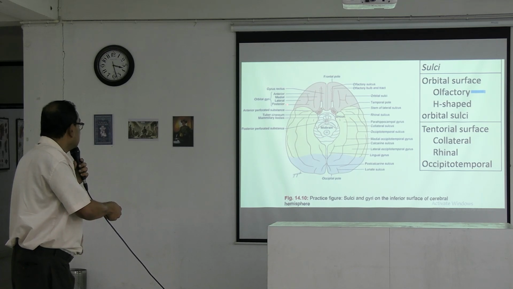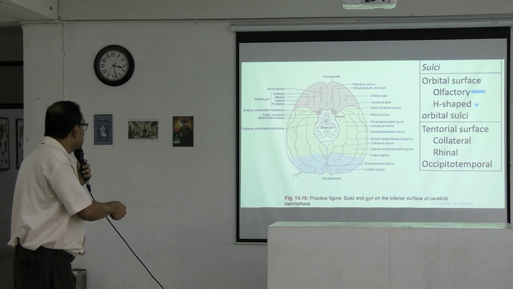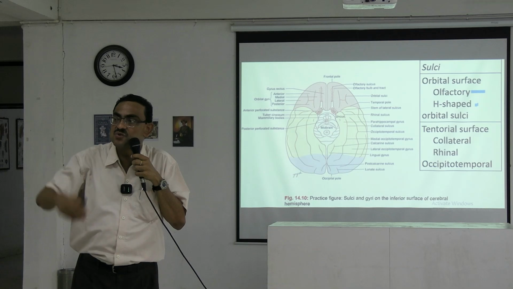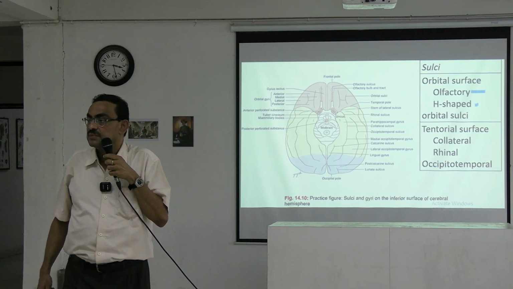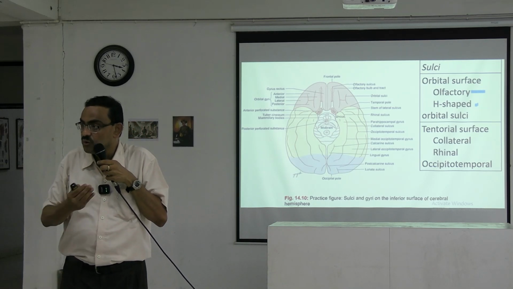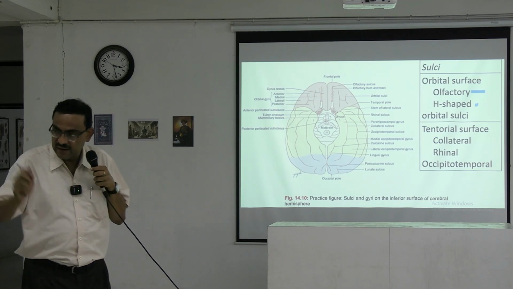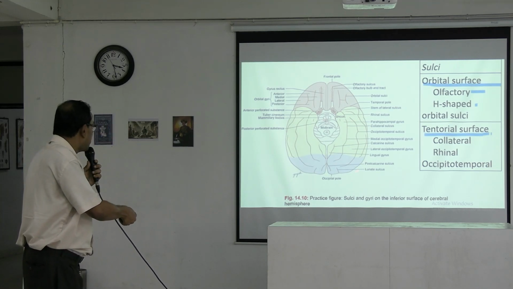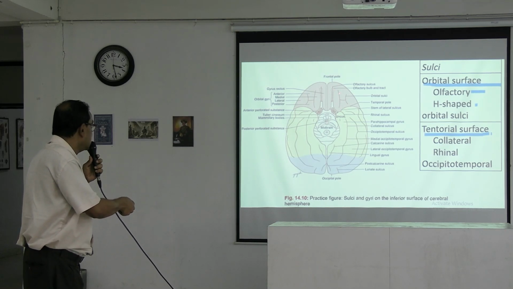And here this inferior surface is divided into two parts. One is in front, one is behind. This is called orbital surface and this is called tentorial surface, because it rests over the tentorium cerebelli of the dura mater. You will learn gradually. So this is the posterior tentorial surface and this is the anterior orbital surface.